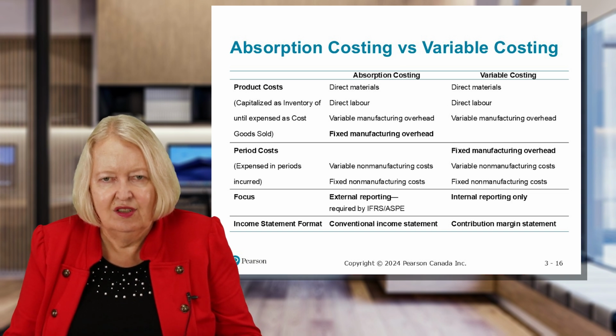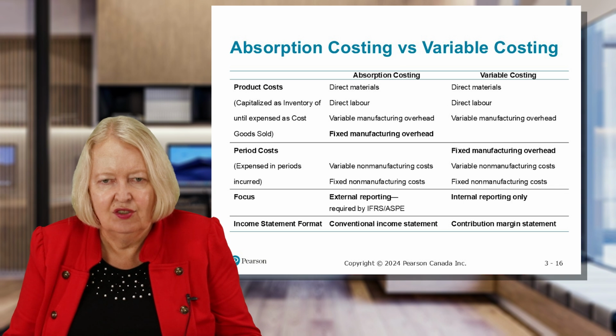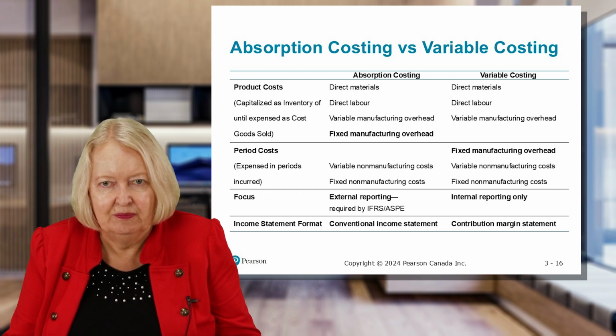So that's the difference. Absorption costing is used for external reporting for your year-end financial statements, but variable costing you'd use internally, and you would use your contribution margin income statement for that.